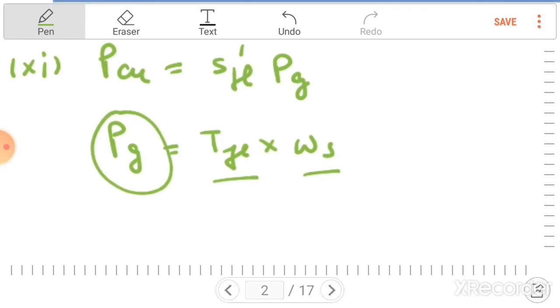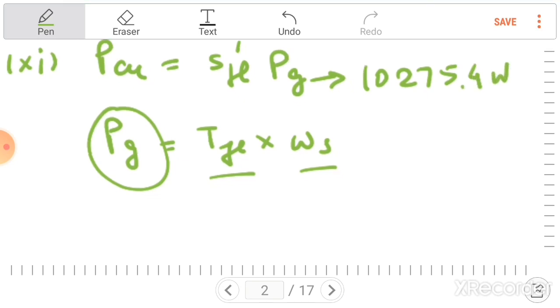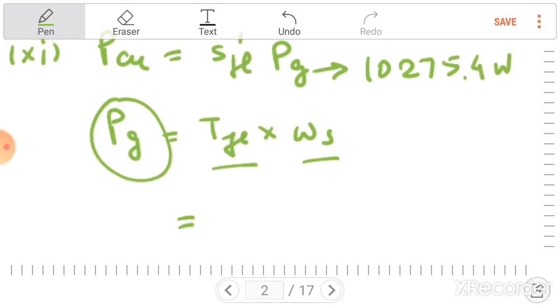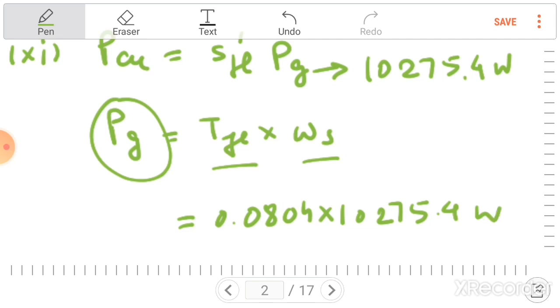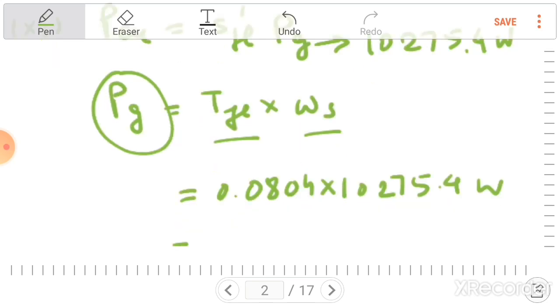The value of PG in the previous case was 10275.4 watt. Applying the formula, copper loss will be equal to S at full load, 0.0804, multiplied by 10275.4 watt. So copper loss equals 826.14 watt.